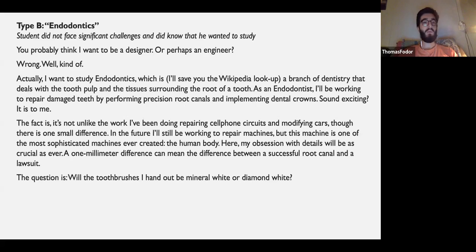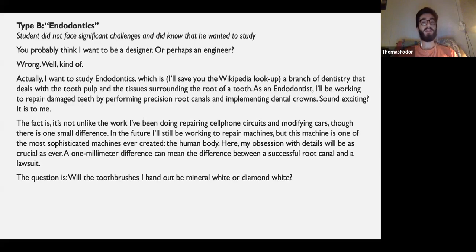You probably think I want to be a designer or perhaps an engineer. Wrong? Well, kind of. Actually, I want to study endodontics, which is, I'll save you the Wikipedia lookup, a branch of dentistry that deals with the tooth pulp and the tissues surrounding the root of a tooth. As an endodontist, I'll be working to repair damaged teeth by performing precision root canals and implementing dental crowns. Sound exciting? It is to me.